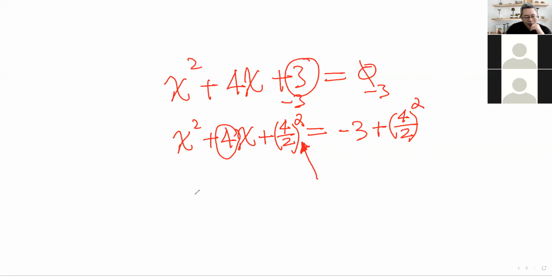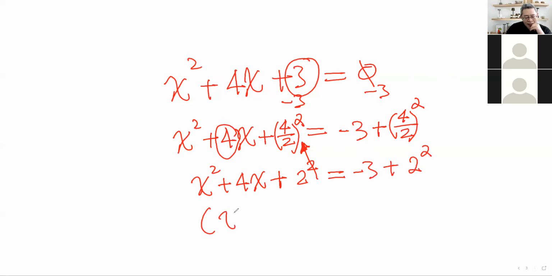So then what we have here is x squared plus 4x plus 4 divided by 2 is 2, so 2 squared. We know this side is x plus 2 squared. Then the other side will be negative 3 plus 4, that'd be 1.